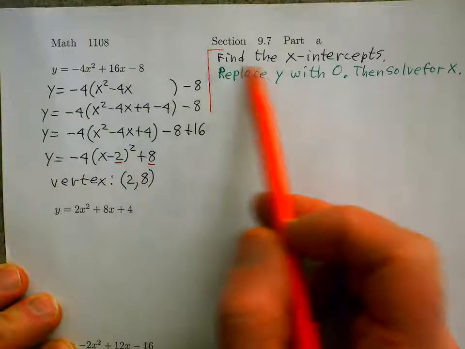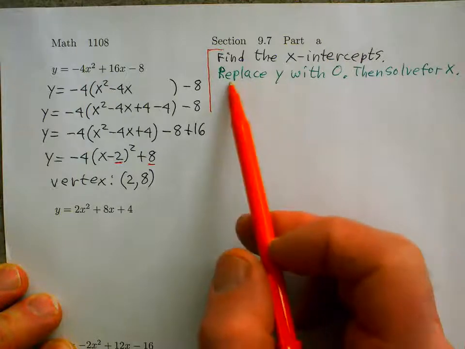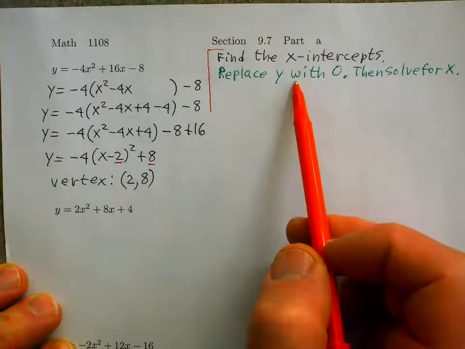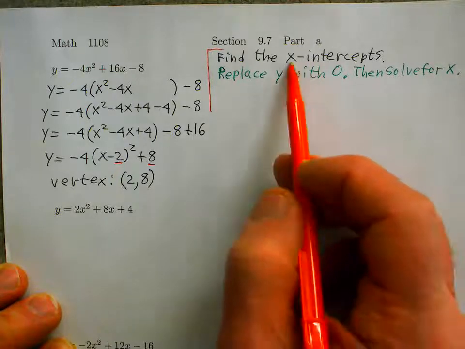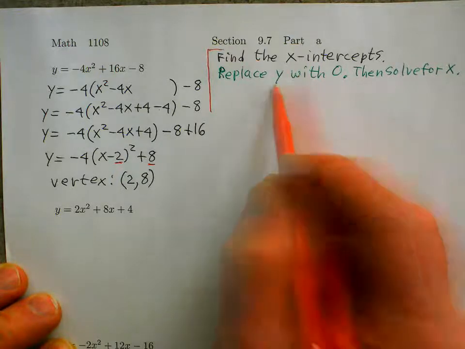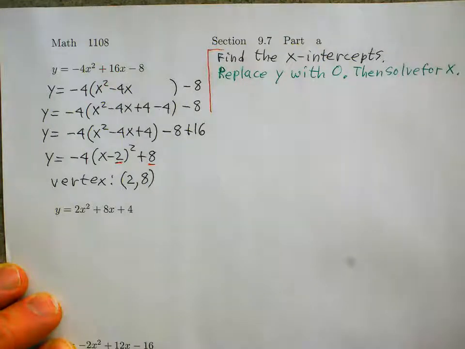When finding the x-intercepts, the reason that we replace y with 0 and then solve for x is because every x-intercept has a y-coordinate that's equal to 0. That's the reason.